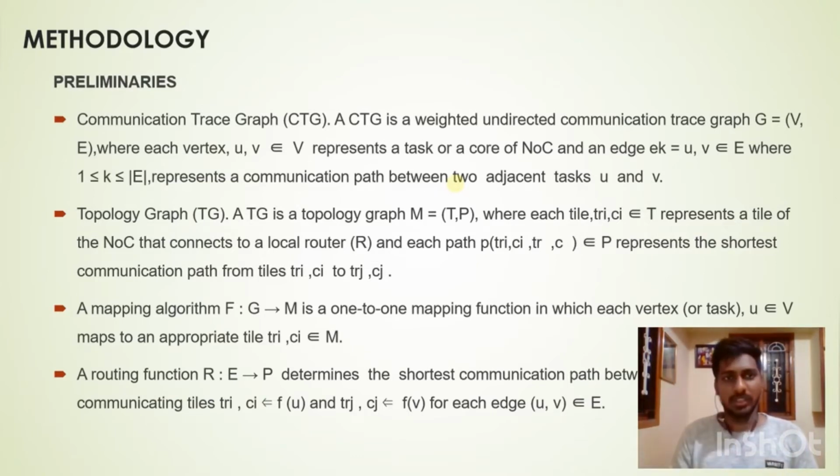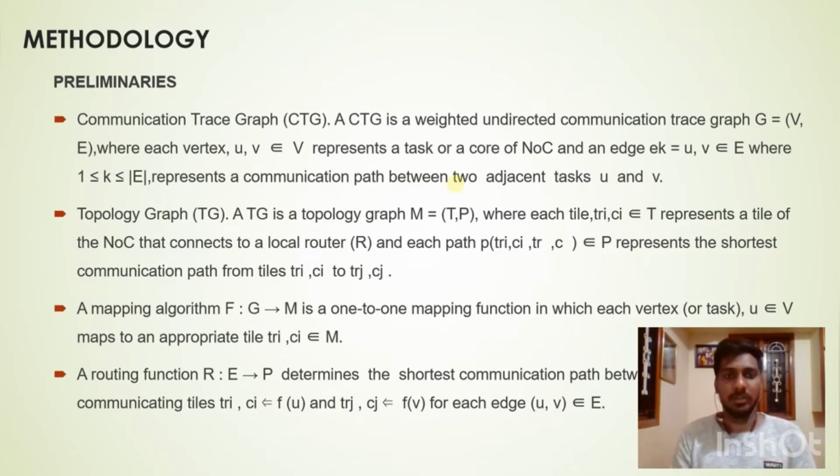CTG is equal to (V, E), where V represents a task or a core of the NOC, and E is the edge. Every two nodes connected, these cores have an edge.